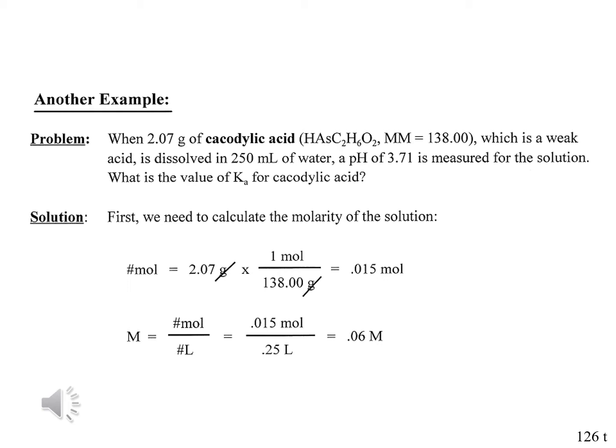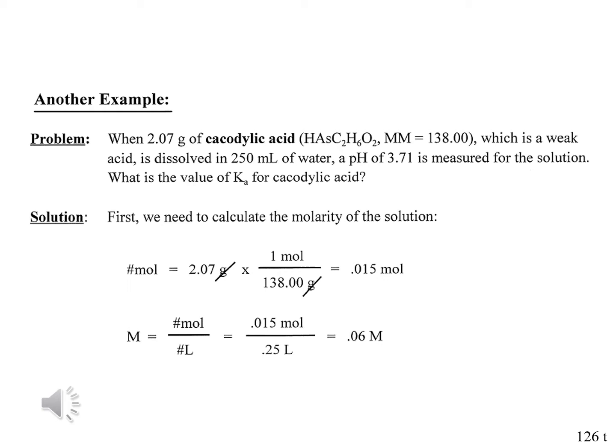Well, if this acid has a lower pH, that means that it's giving you more H pluses. Since it's giving you more H pluses, it's also stronger than the previous acid, and so it should have a larger Ka. So let's calculate it and see if it really does.